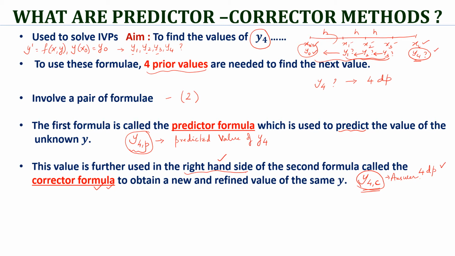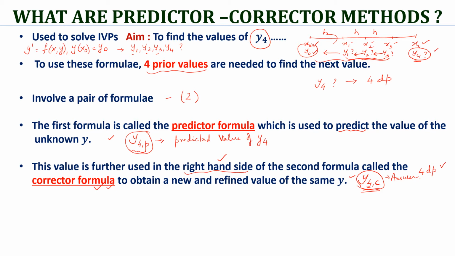As of now, understand that if the predicted value and the corrected value which you have found agree to the correct number of decimal places, then you stop the problem and declare the corrected value as your y4. Suppose they do not agree till the required number of decimal places, then this corrected value needs a further refinement. So what will you do for that?